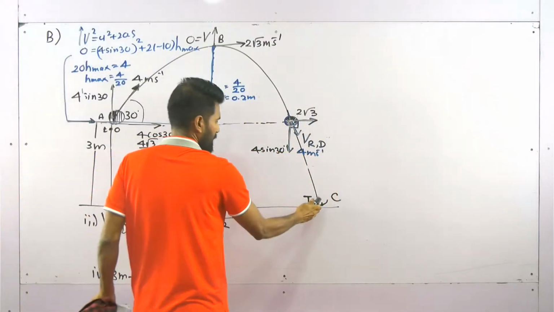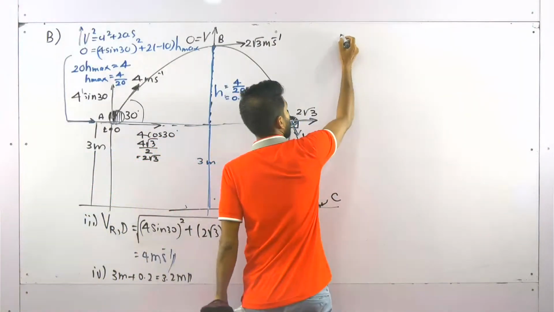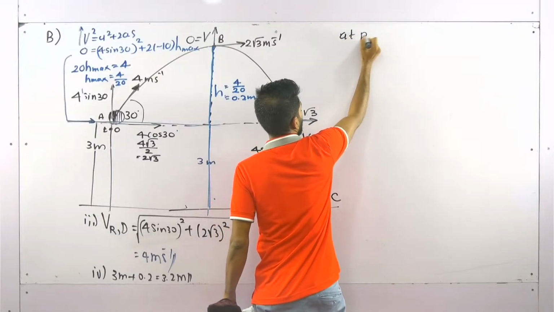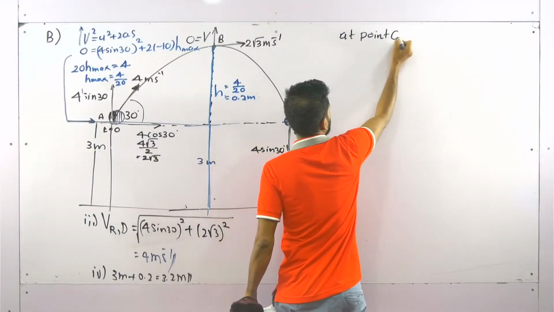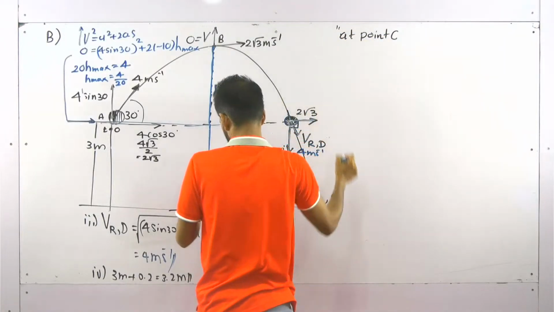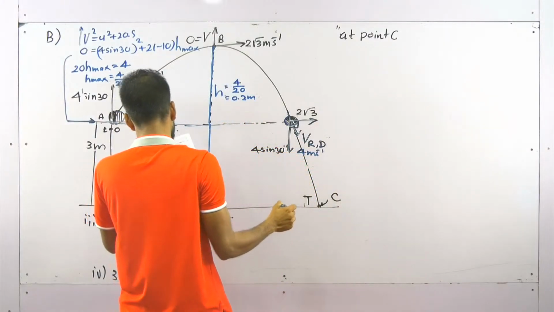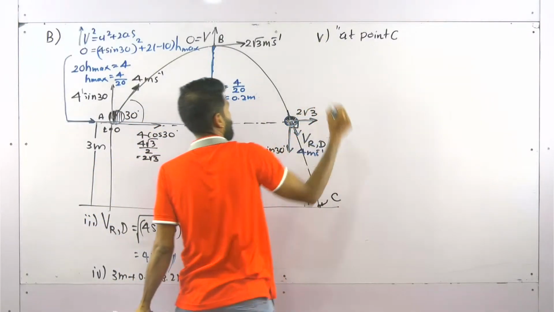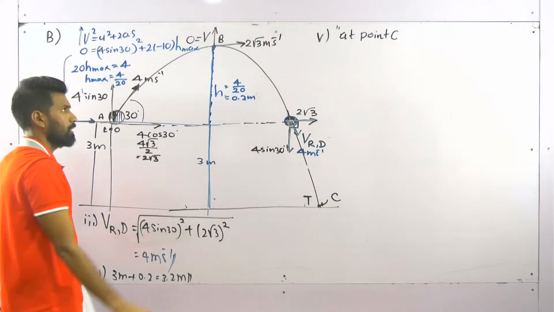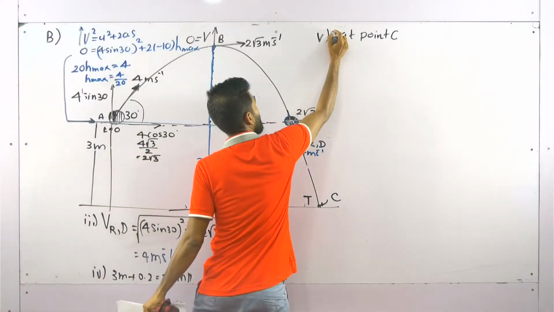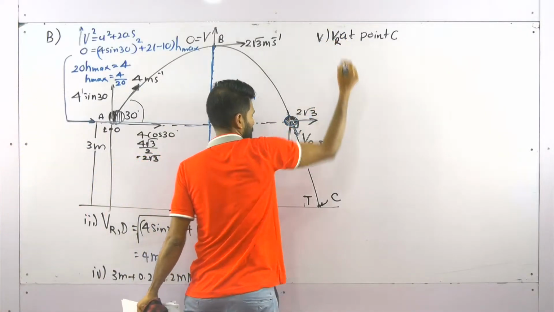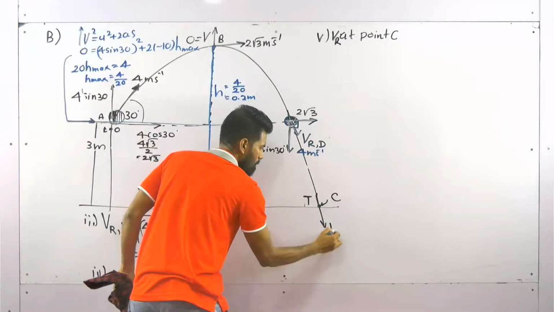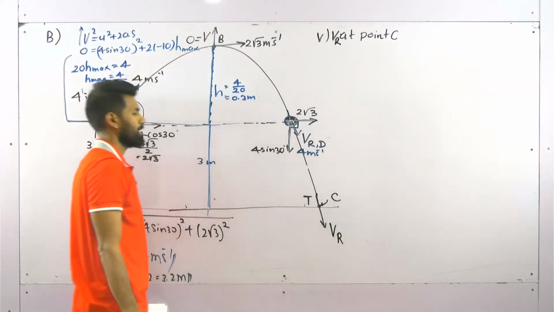Okay, when it hits the ground, that means at point C. So we need the resultant velocity at point C.